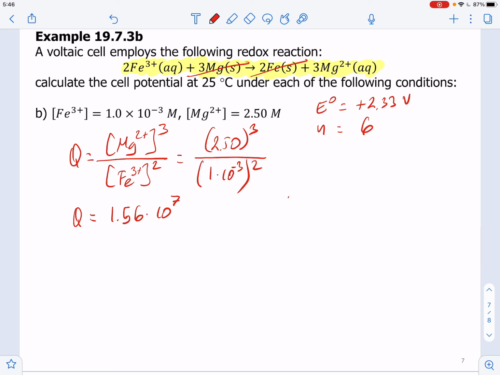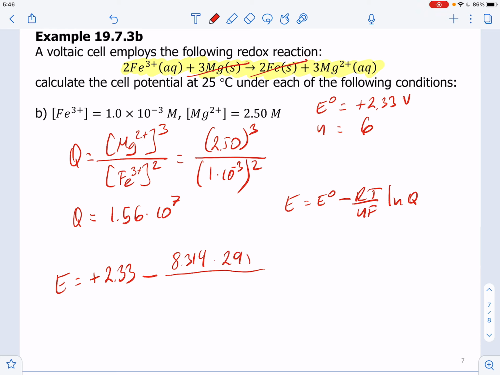So if our equation is E equals E0 minus RT over nF times the logarithm of Q, then our potential here is equal to the one that we have already calculated, plus 2.33, minus 8.314 times 298 over 6 electrons times 96,485, and we multiply that by the logarithm of 1.56 times 10 to the 7th.